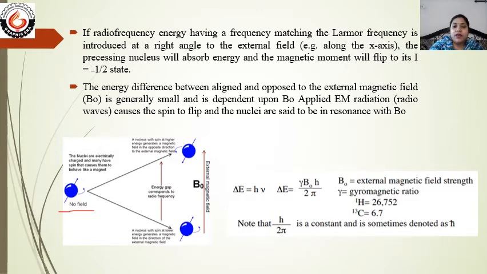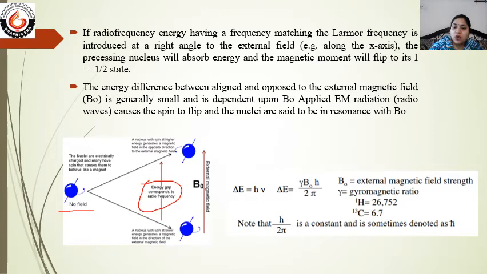So here a magnetic field is applied. In the presence of the magnetic field, if it is aligned with the field, after absorbing the radio frequency, it will transform from the aligned state to the opposed state. The aligned state is known as the plus half state and the opposed state is known as the minus half state, I equals plus half or I equals minus half.